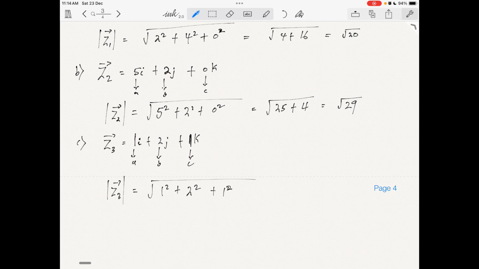That will give us 1 plus 4 plus 1, which is 6, and we have our answer to be root 6.